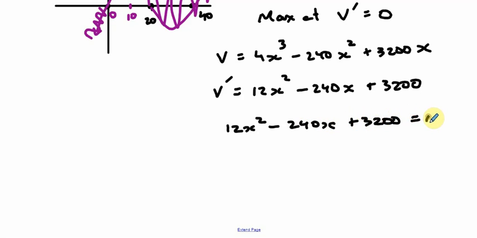So that's what we're going to do. And I divided everything by 4 just to make the numbers a little bit smaller and easier to work with. Wait a minute. Oh, I wrote this wrong. Sorry. Let me go back and fix this. This isn't 240.